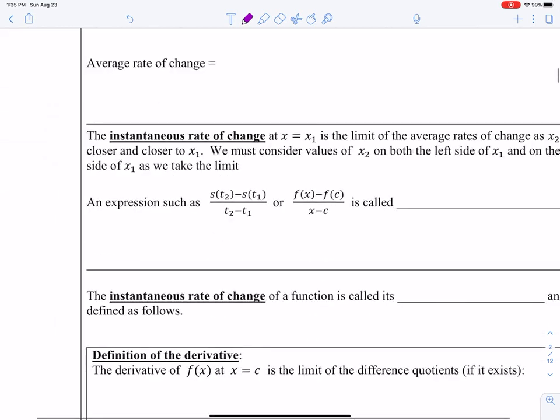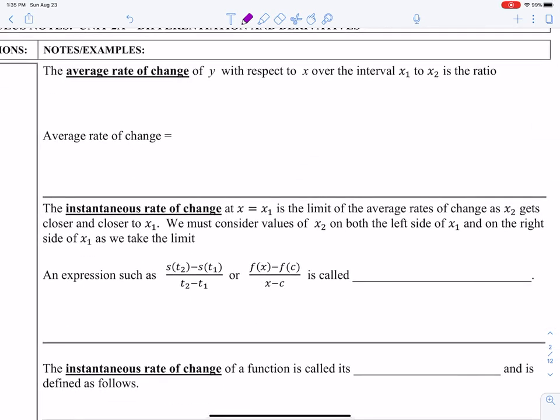So that brings us to what we know about slope. An average rate of change of y with respect to x over the interval is the ratio of delta y over delta x. And you guys should go, oh, duh, this is slope as we know it from Algebra 1.